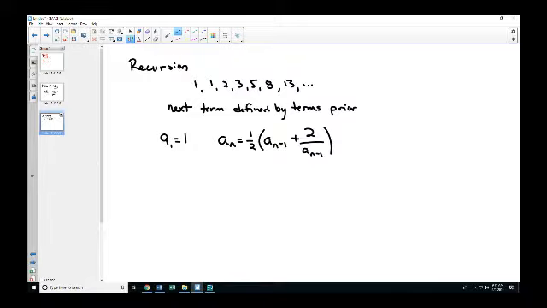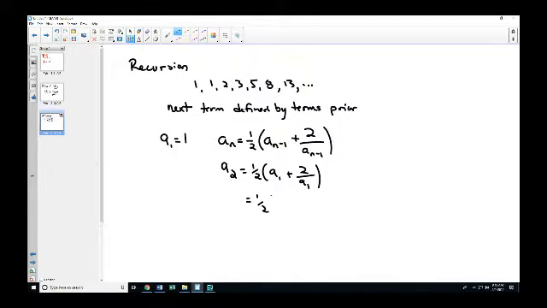So what is a sub 1? So this is term 1, right? What's term 2? A sub 1, right? Because it's 2 minus 1? Okay, plus 2 over a sub 1. So now plug your a sub 1 in here.